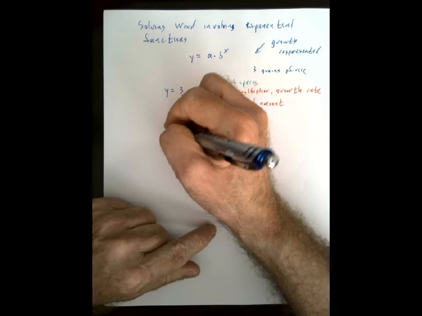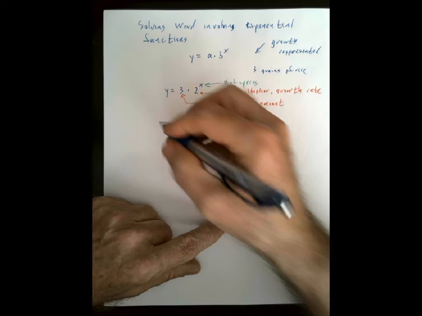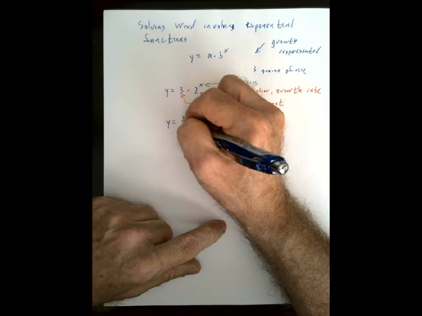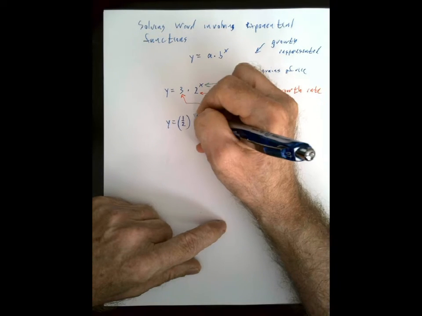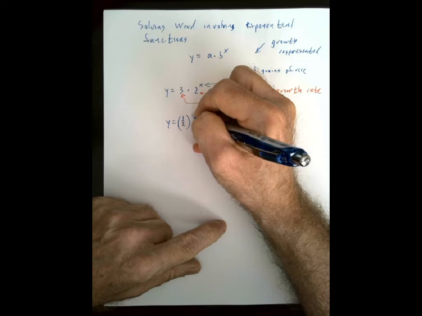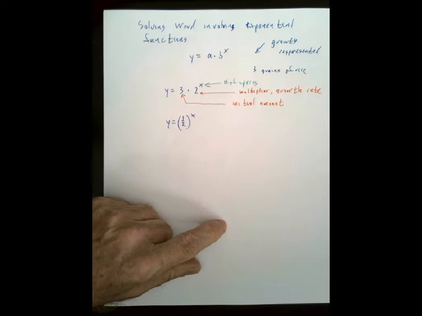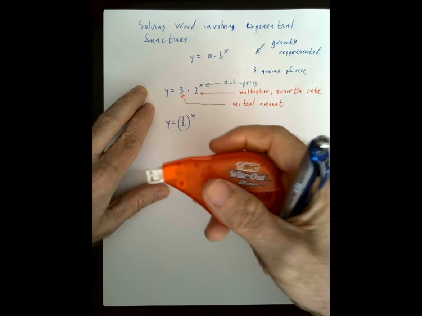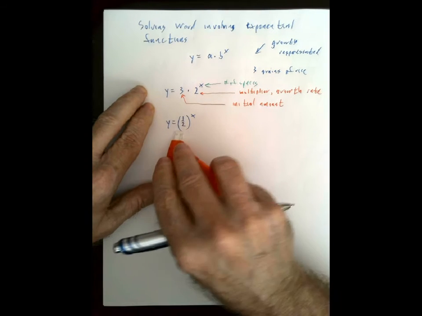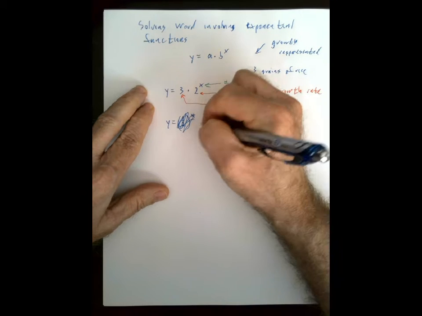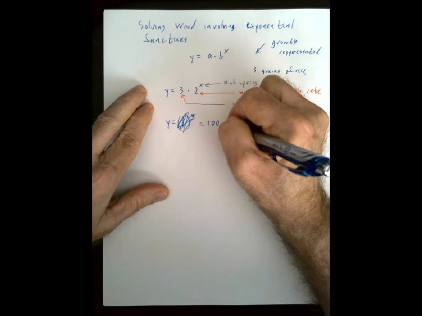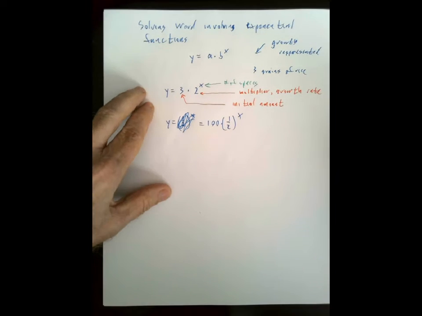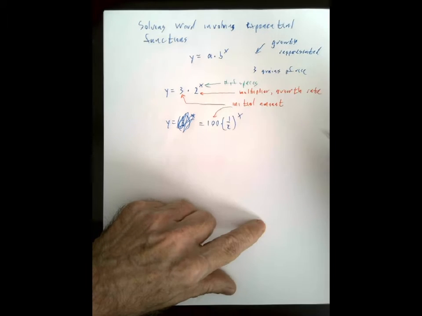Then our decay function for the radioactive element looked like this. It's very similar. Oops, that wasn't quite right, was it? Here, I'm going to neaten that up a little bit. It was 100 times 1/2 to the x, because here, 100, that was the initial amount.